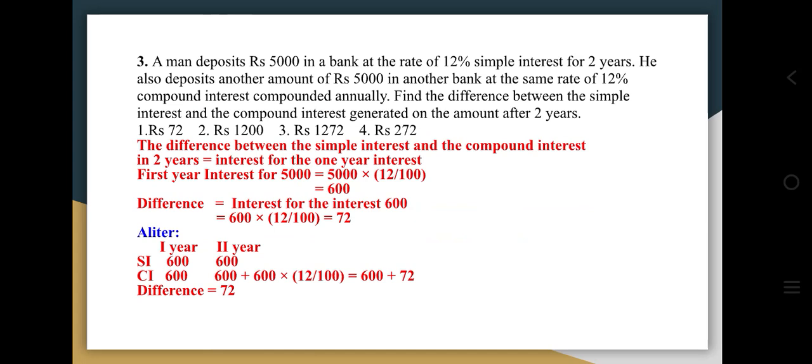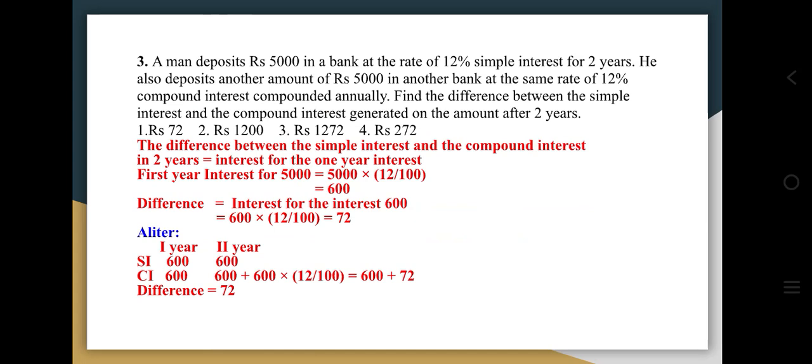So after first year, what is the simple interest? Simple interest rate is 12%. So for 100 it is 12. The amount is 5,000. So for 5,000 it is 5,000 into 12 by 100, that is 50 into 12, which is 600.